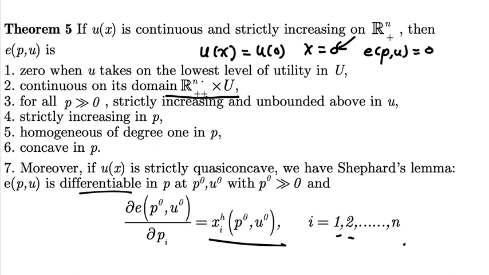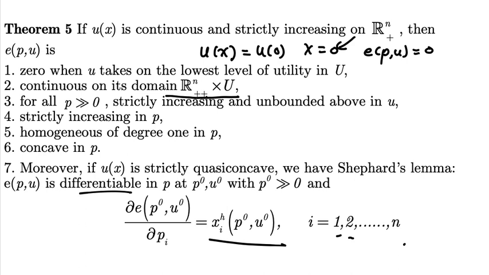Now, number 3, for all prices which are much greater than 0, it is strictly increasing and unbounded above in U. So what does it mean here? The expenditure here is very simple.